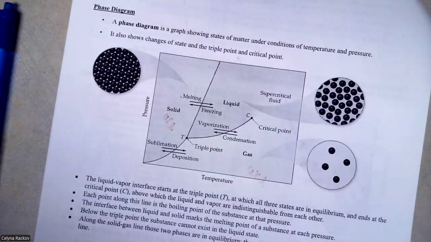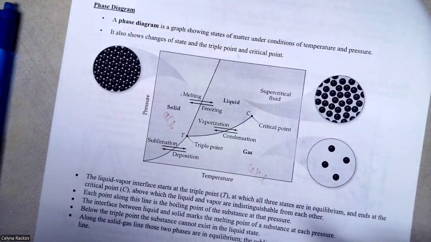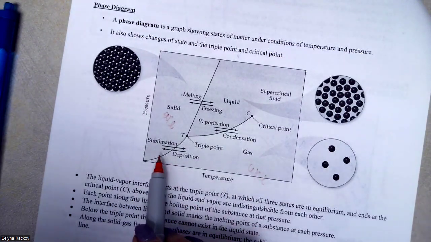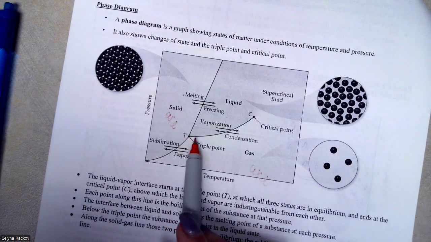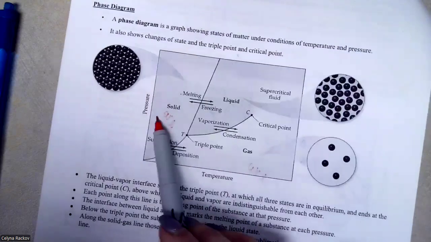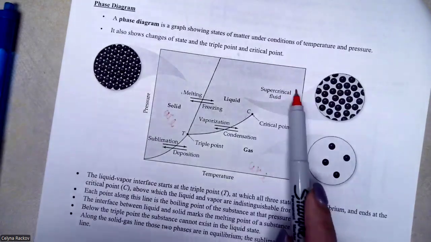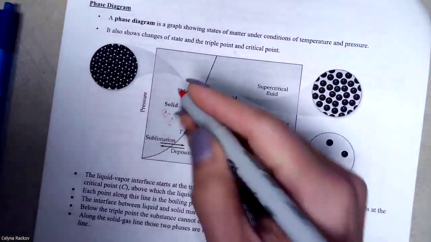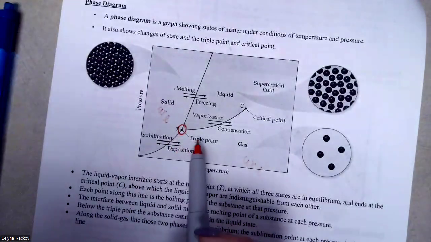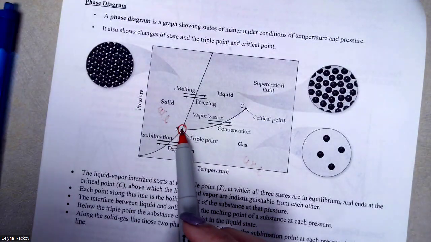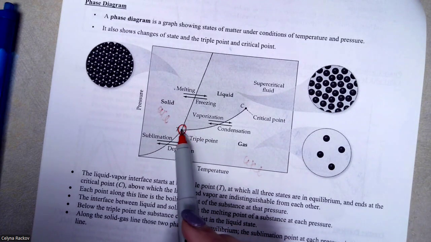In the water phase diagram here, you have this portion that's only gas, here is only solid, here is only liquid, and then you have a supercritical point. In this triple point right here, you have a condition with solid, liquid, and gas at the same time and together here.